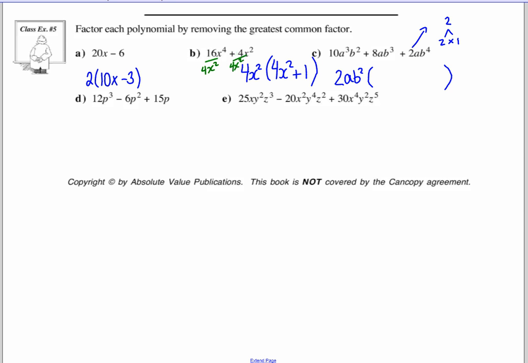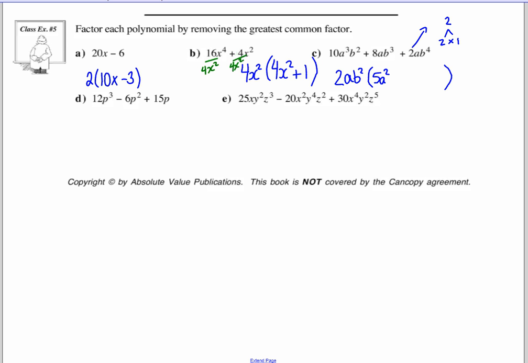Okay, so when I take 10a cubed b squared and divide it by 2ab squared, what's left over? 5 a squared. So a cubed divided by a is a squared. a b squared divided by b squared, 1.